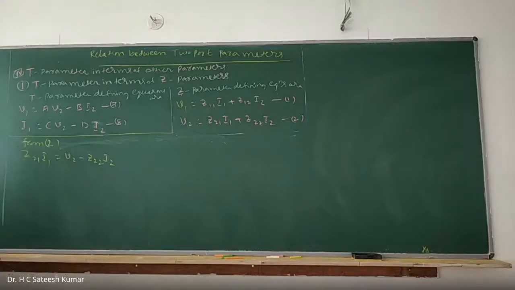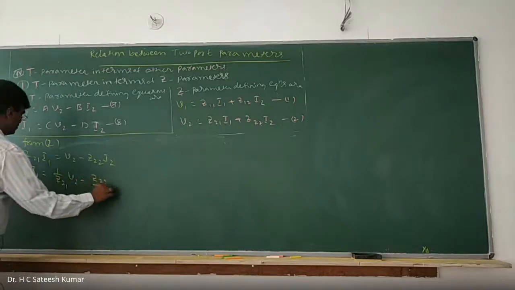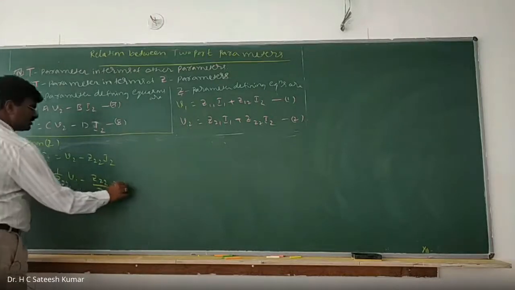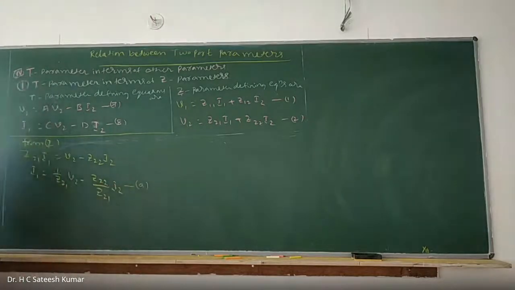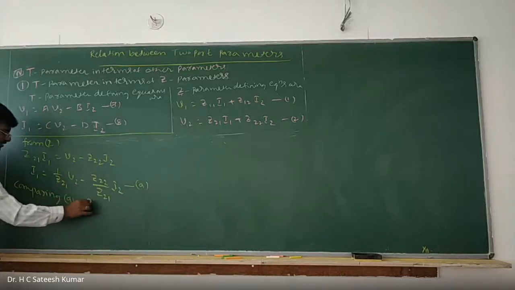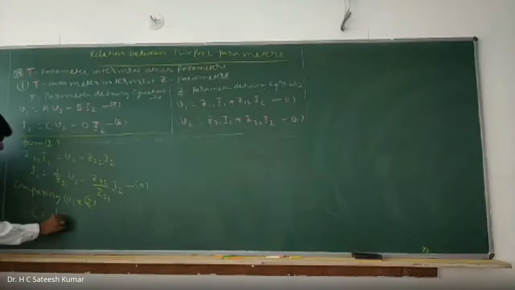So therefore, I1 is equal to 1 by Z21 into V2 minus Z22 divided by Z21 into I2. Call this equation number A. Comparing A and 8, what will you get? C is equal to 1 by Z21.